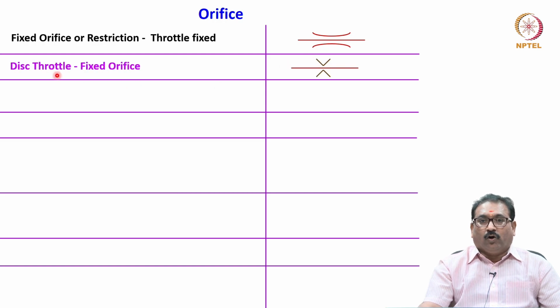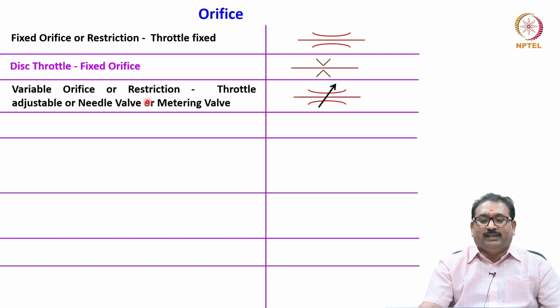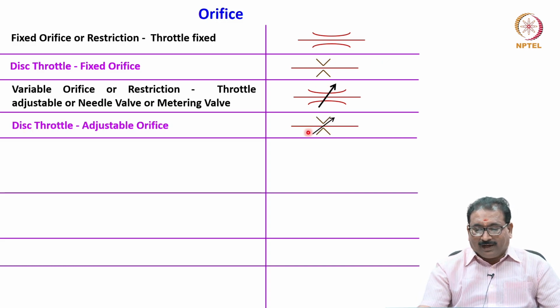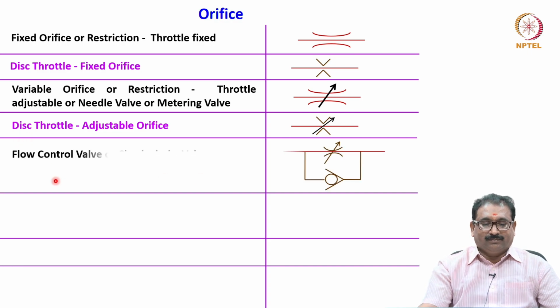Then a disc throttle is represented like this. Understand the symbol? Variable orifice or restriction: the throttle is adjustable, shown with an arrow here. Same here, fixed becomes variable, as I told you in the previous symbol representation. Same here, I put an arrow, meaning variable disc throttle.